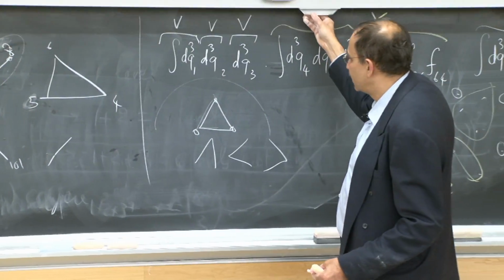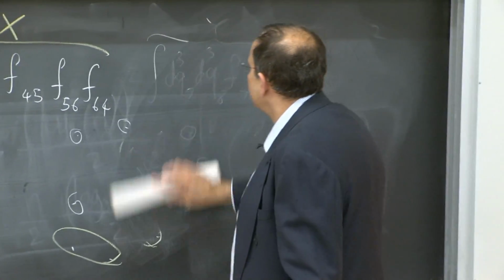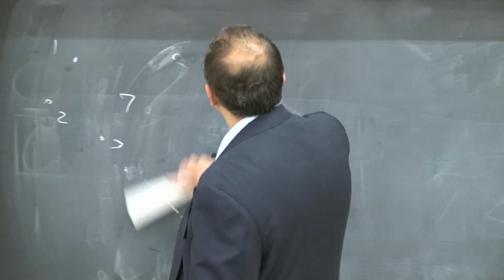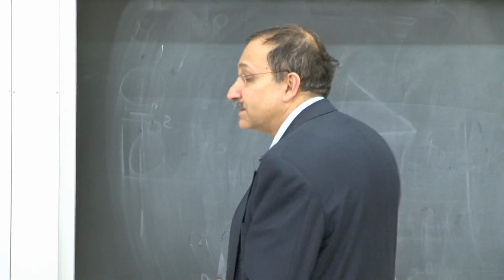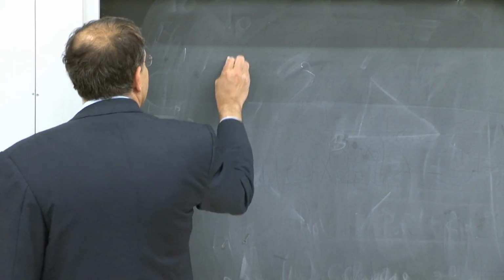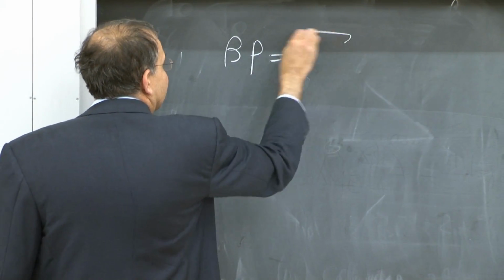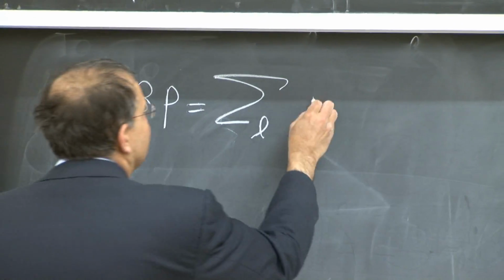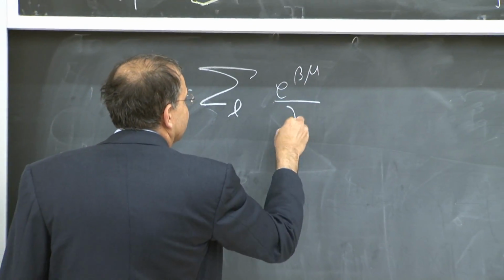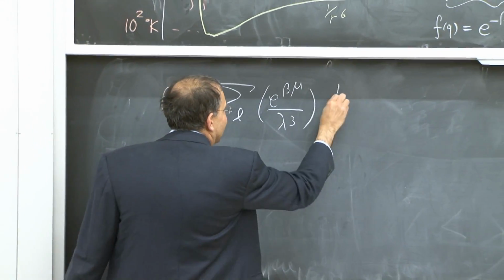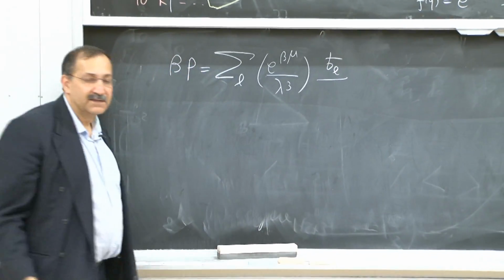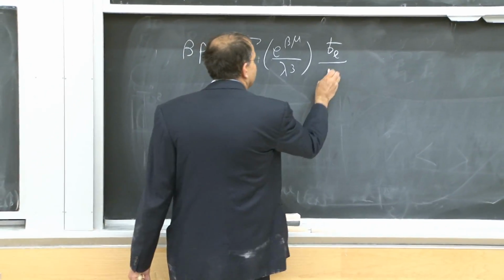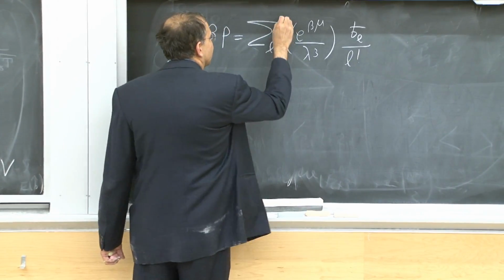And then what we have established is that the pressure of this interacting gas has an expansion, beta P, which takes this nice simple form: sum over l of (e to the beta mu divided by lambda cubed) to the power l, B_l bar, the intensive part of the contribution of these clusters, divided by l factorial. This, of course, runs from 1 to infinity.